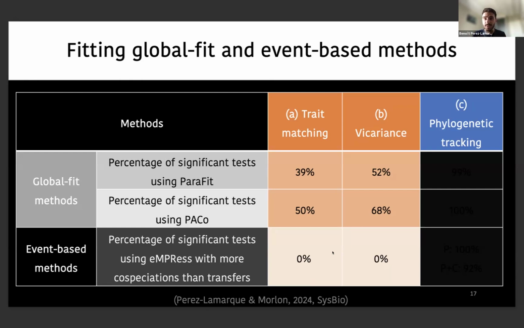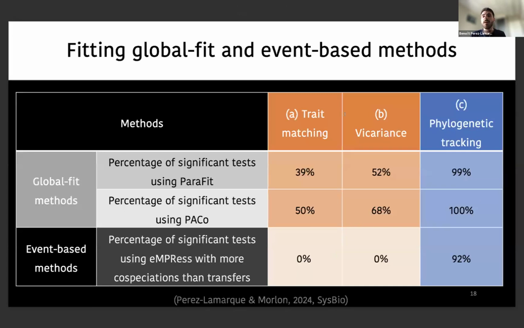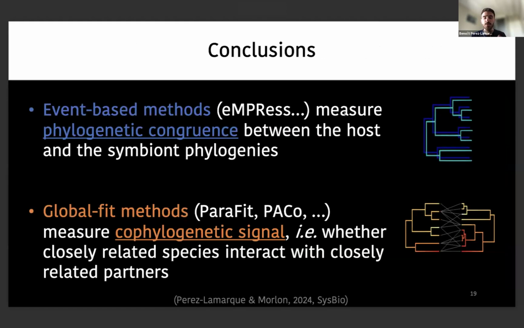Meaning that the parafit and PACO methods can detect co-phylogenetic signal. And when we run the simulation of phylogenetic tracking, the only scenario with phylogenetic congruence, in almost 100% of the cases we have significant tests with parafit, PACO, and Empress. So it means that these different methods are measuring different patterns.